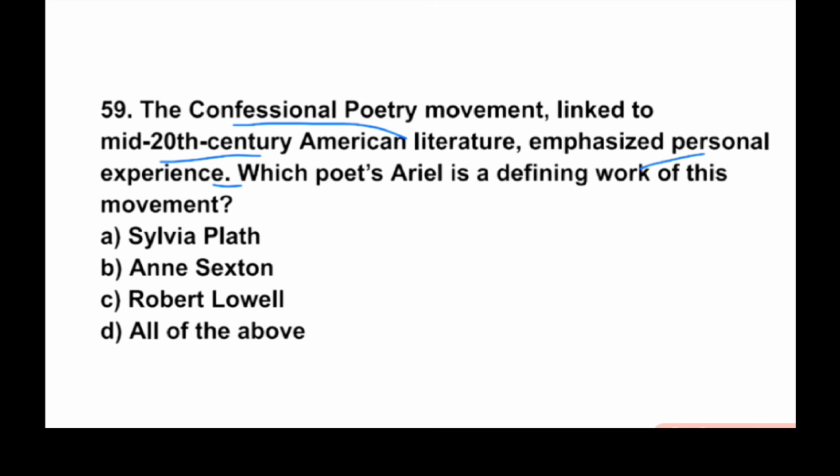Which poet's Ariel is a defining work of this movement? Sylvia Plath, option A is the correct answer. Plath's Ariel, 1965, uses raw personal imagery to explore trauma, a confessional masterpiece. Like in India, Kamala Das.